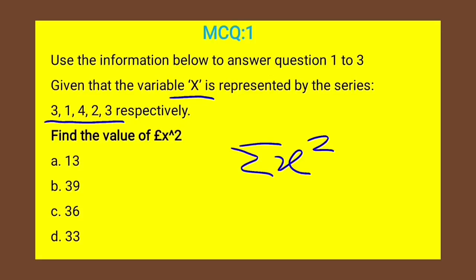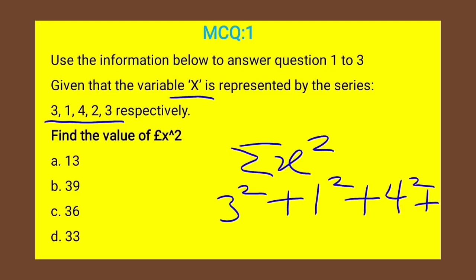So you're going to have 3 squared, plus 1 squared, plus 4 squared, plus 2 squared, plus 3 squared. That is the whole approach when it comes to summation in this case. So let's take note of that. I've given a nice presentation about how it goes, so let's see how I also made that one.